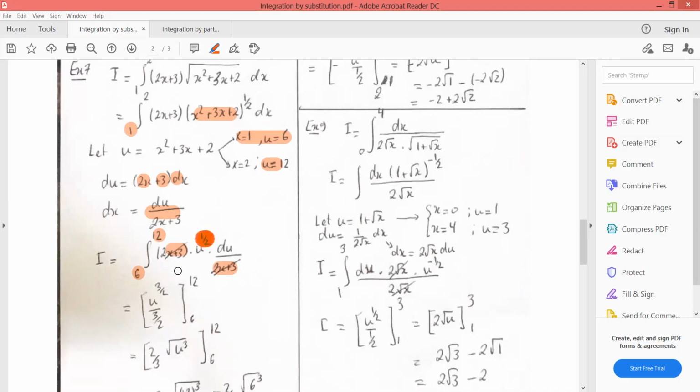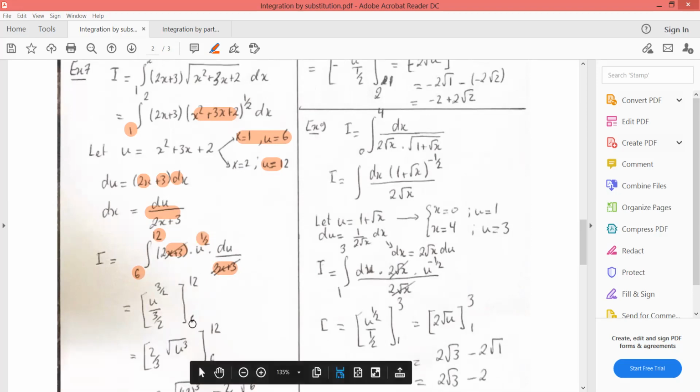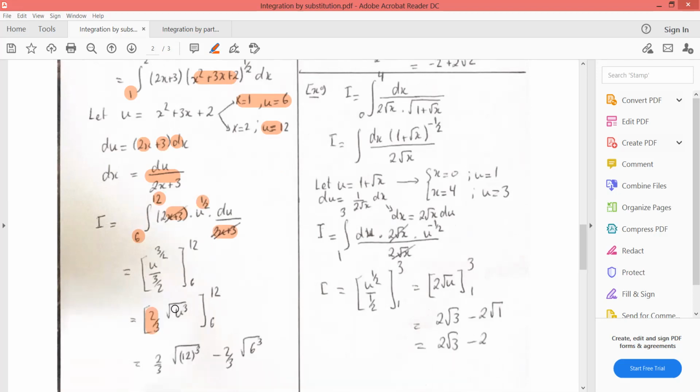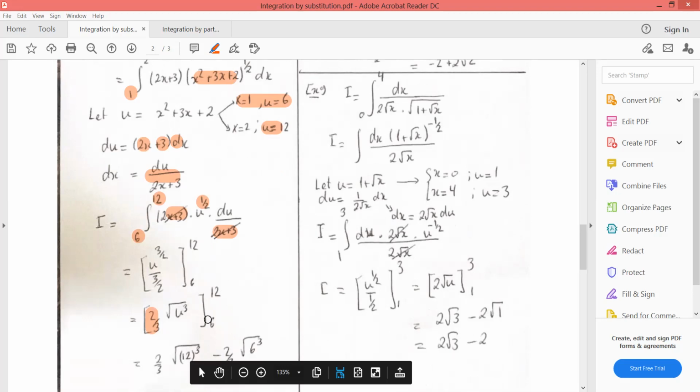We add the power by 1, u power 3 over 2, over 3 over 2, between 6 and 12, equals 1 over 3 over 2 is 2 over 3 radical u cube. We replace first time u by 12 minus, second time we replace u by 6.